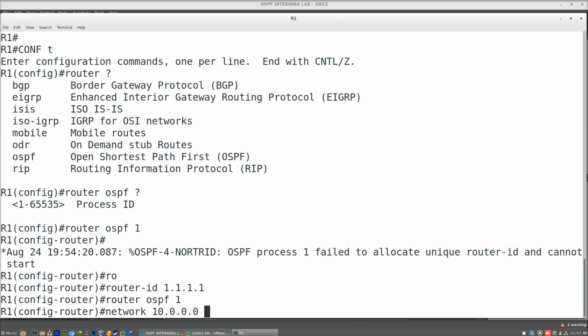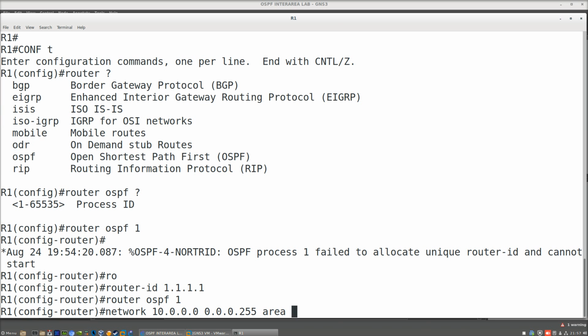The wildcard mask can be taken from the subnet mask by subtracting it from 255. The subnet mask is /24, which is 255.255.255.0, so 255 minus 255 is 0, three times, and 255 minus 0 gives 255 at the end. So it is 0.0.0.255.